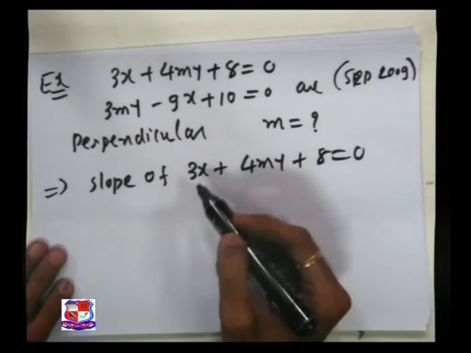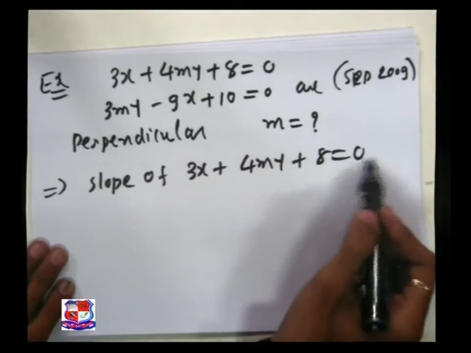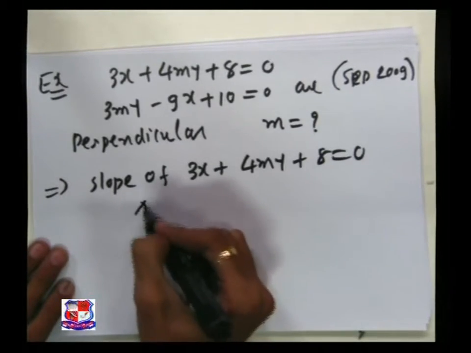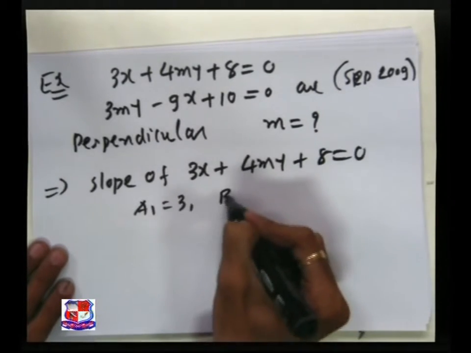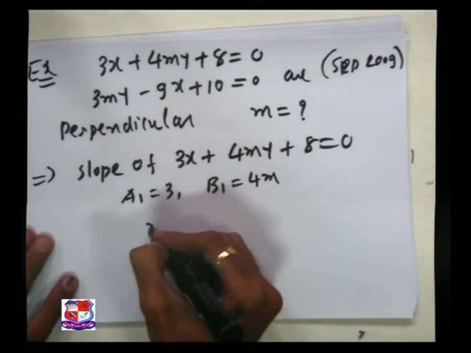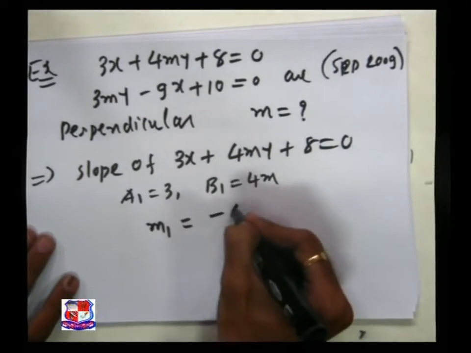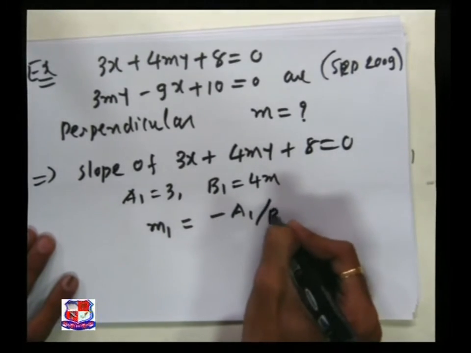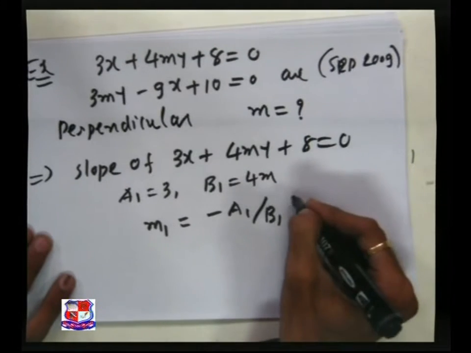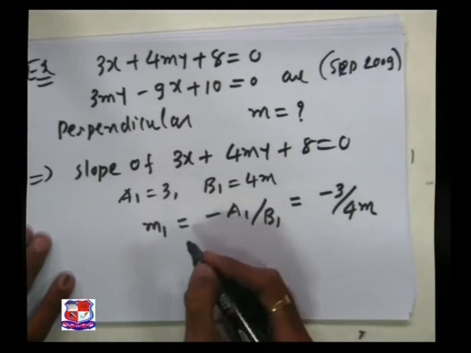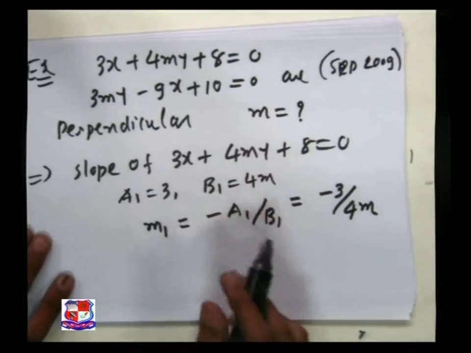We can find the slope of this line using the general form ax plus by plus c. Here a1 is equal to 3, b1 is equal to 4m. So the slope m1 is equal to minus a upon b, that is minus a1 upon b1, that is equal to minus 3 by 4m, which is the slope of the first line.